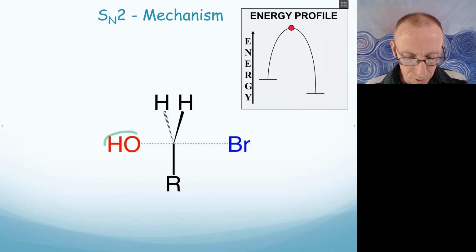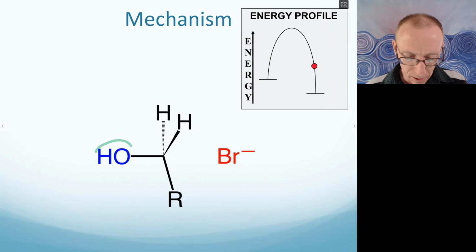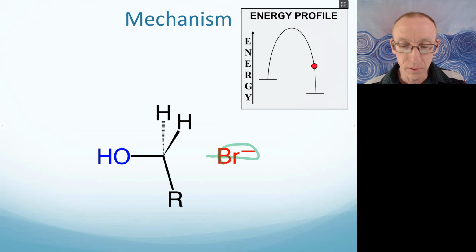Now, as that nucleophile gets closer and that bond gets smaller and tighter, and this gets weaker, we'll start to see these things go further this way. So these groups will go further towards the leaving group and away from the incoming nucleophile. So that bond to the nucleophile is getting shorter, the bond to the leaving group is getting longer and longer, and these groups have started to move across this way.